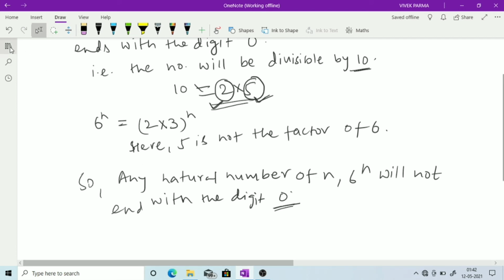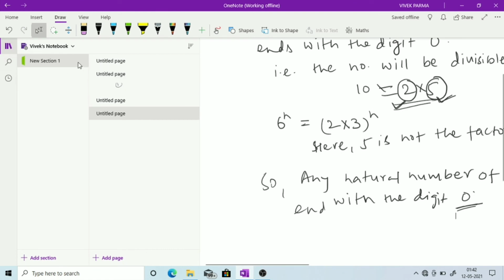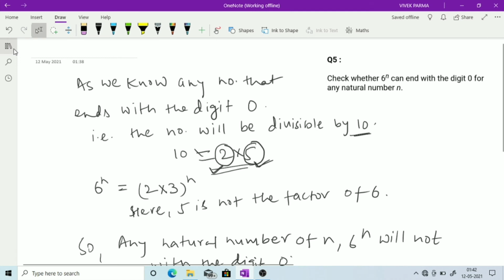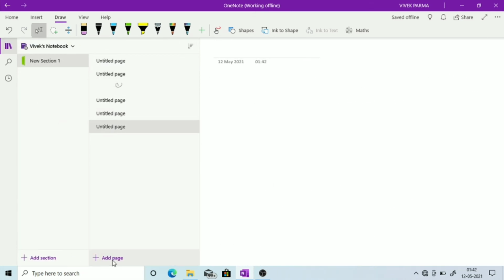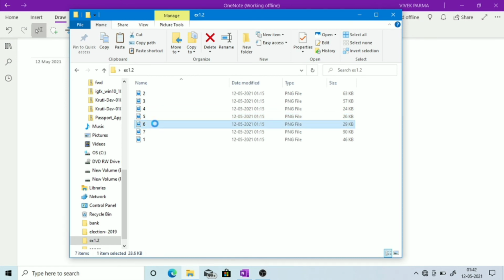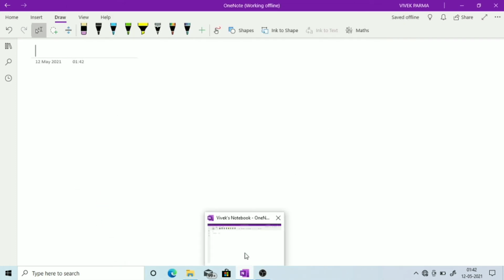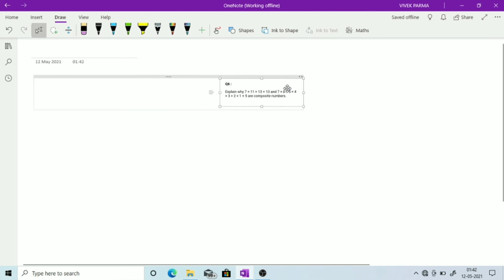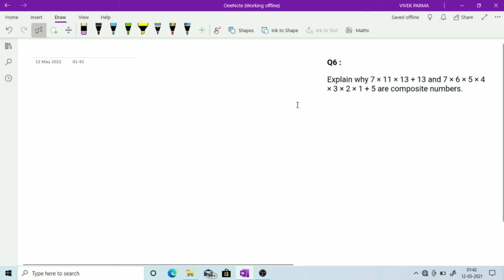Now moving to the next question. Now we have to explain why this given product plus 13 and this given product plus 5 are composite numbers, right?